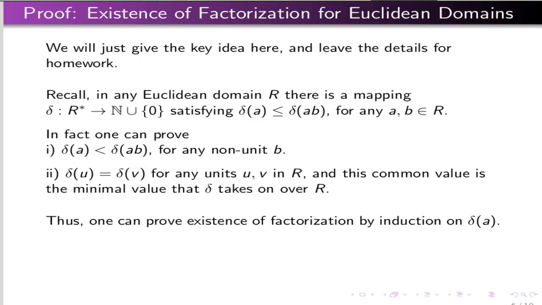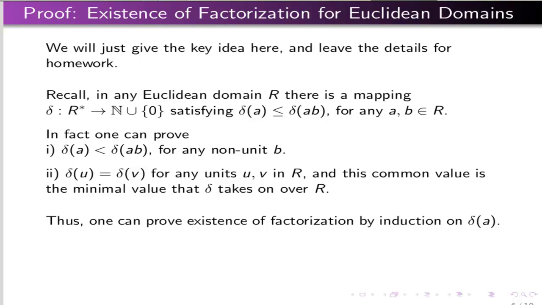So there's two parts to that proof. One is the existence part. So if you're in a Euclidean domain, why is it that every element can be expressed as a product of irreducibles? And this just goes back to how we did it for the integers. So it was an induction proof, using the strong form of induction.